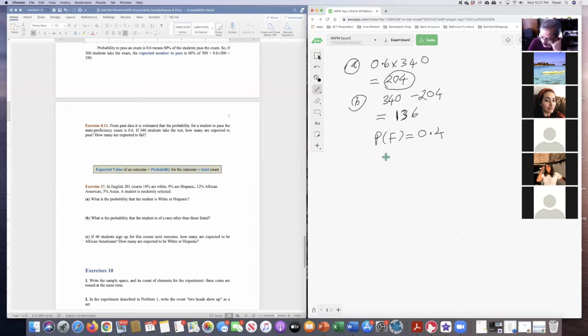So we can say the number of students failing is equal to 0.4 times 340, and that's equal to 136. So you can find the complementary probability and multiply by 340. That's another way. Okay, you got it?